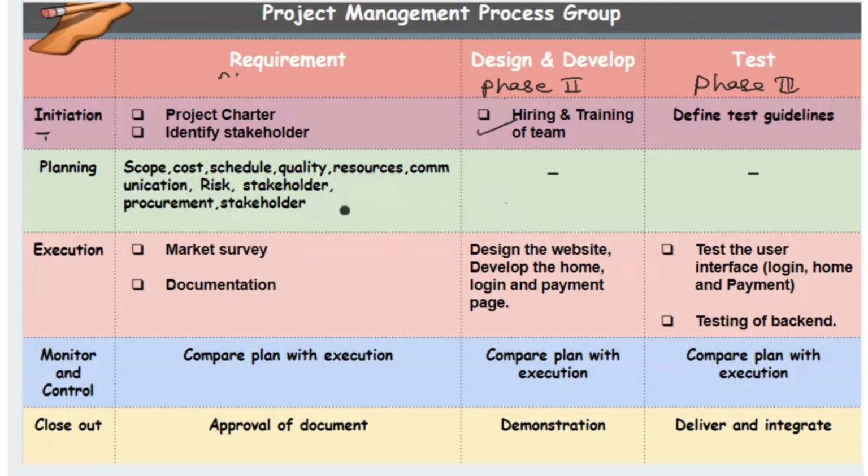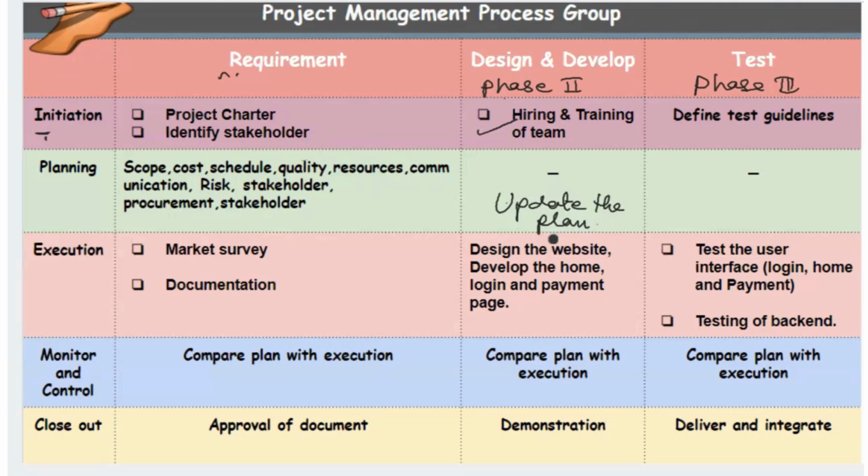Next, in the planning process group, since you have done all the planning here, you don't need to plan in every phase. If there are changes, you can of course update the plan here, but no need to make another plan. Sometimes some projects are very big, like in the construction industry, where we have a project of 5 years, 10 years.